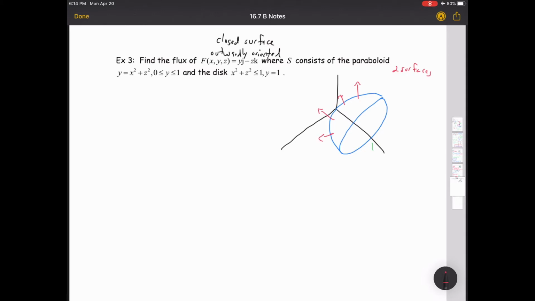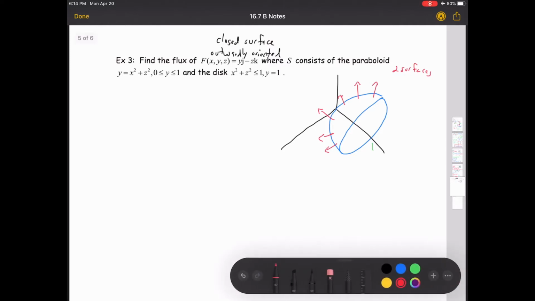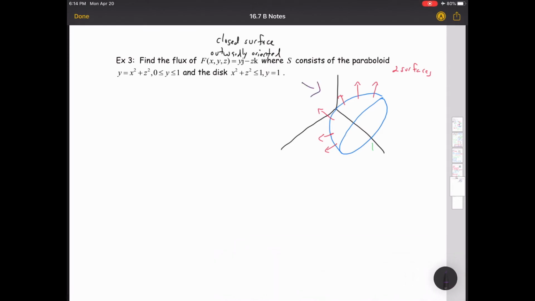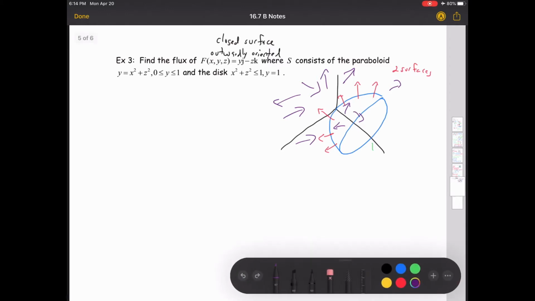Normal to the surface. So all of these, to be outwardly oriented, need to be perpendicular to the surface, because we've got this force, which is moving in all different directions outside of this thing. That's what your force is doing. And then you've got stuff going on inside. Maybe it's going this way and then this way. It's doing a whole bunch of stuff on the inside of the surface. I'm going to erase those last few. But what we're interested in is what is happening as it's coming out.